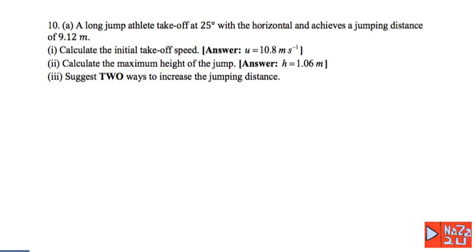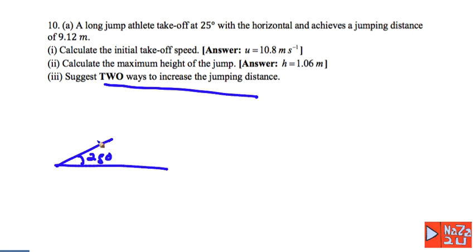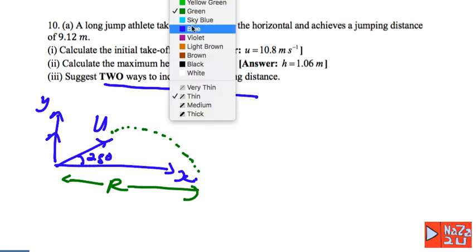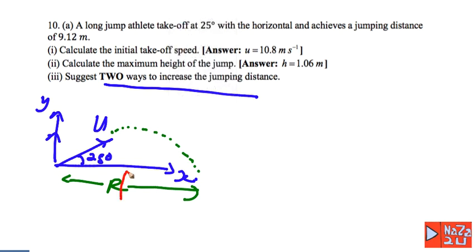Suggest two ways to increase jumping distance. Here you have 25 degrees and u, and the angles with x and y. As we discussed earlier, this is the distance, or range, r. So how can you increase the value of r, the range distance?